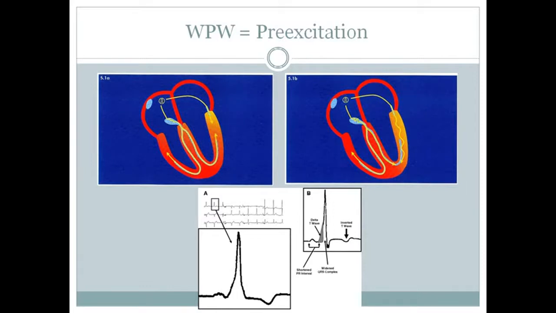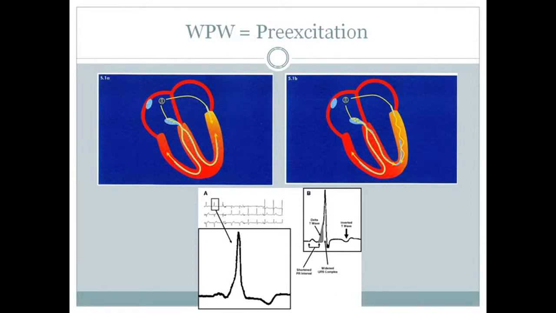The normal EKG, forget about the gray zone. In the normal EKG, you have the P wave, the AV node delay, and then the R wave kicks in. On top of that, as soon as the P wave impulse travels around the atria, it reaches the accessory pathway and depolarizes the myocardium. And that's the delta wave.